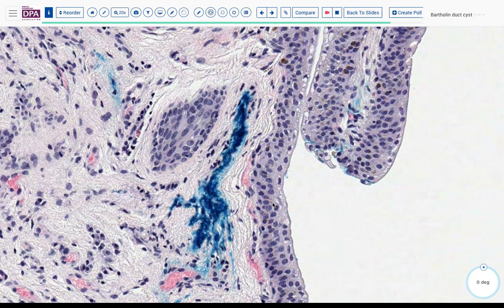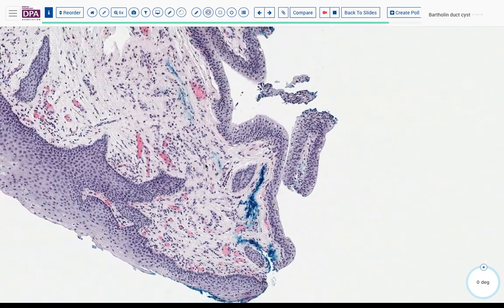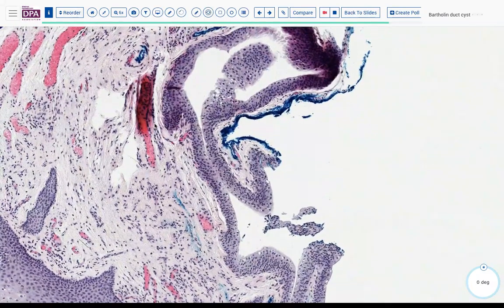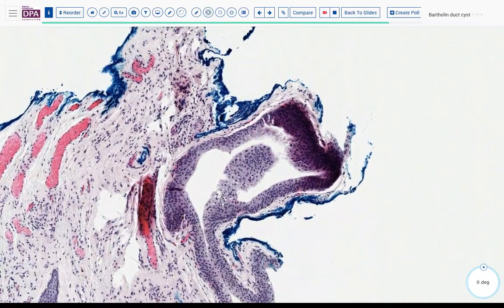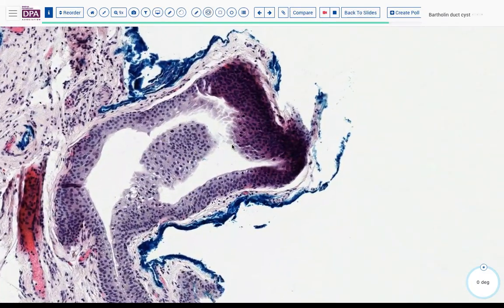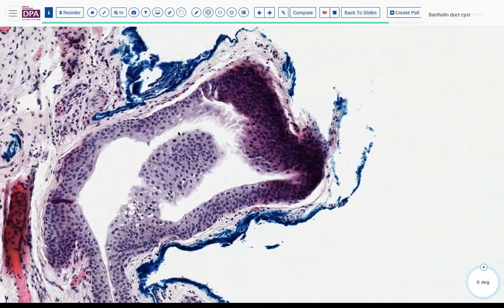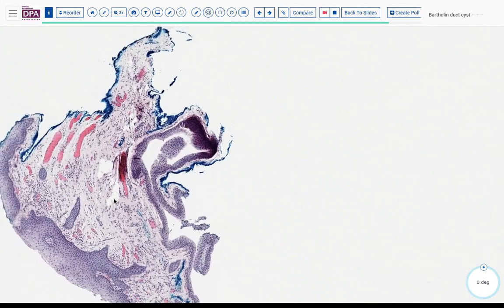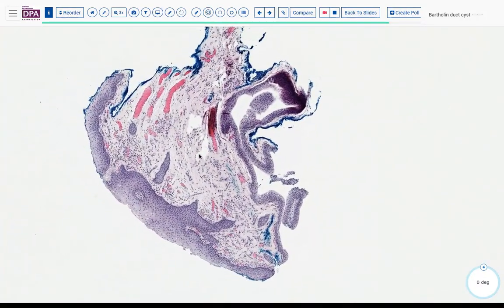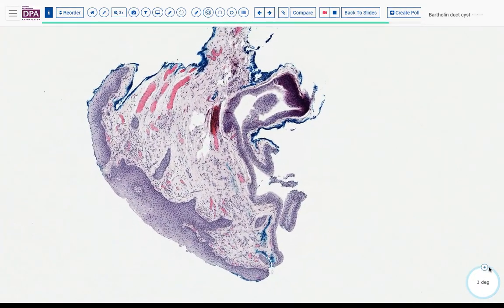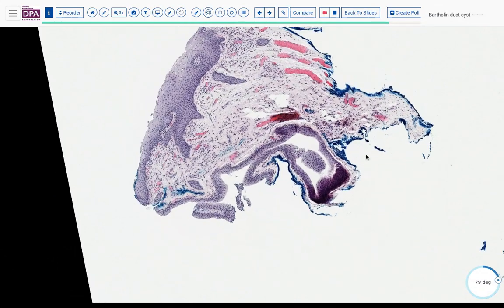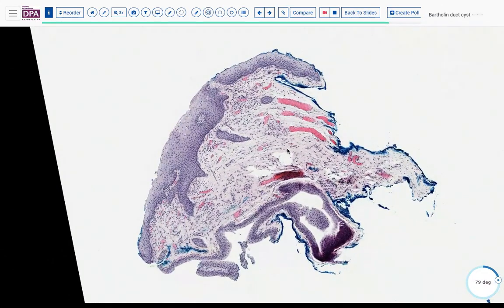And very bland appearance, no complicated architecture, no atypia, no viral cytopathic changes here at higher magnification. So features consistent with Bartholin's gland cyst. We've reviewed where those tend to be located. And so this lesion, as well as the previous one, were signed out as compatible with, based on location that was provided, a Bartholin duct cyst.